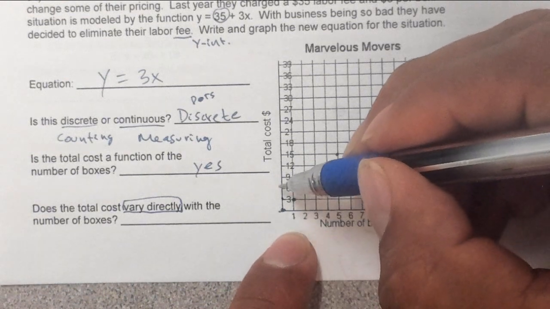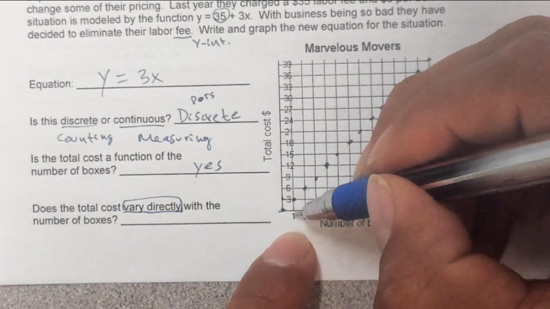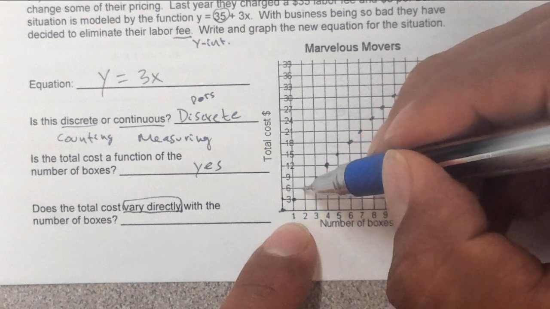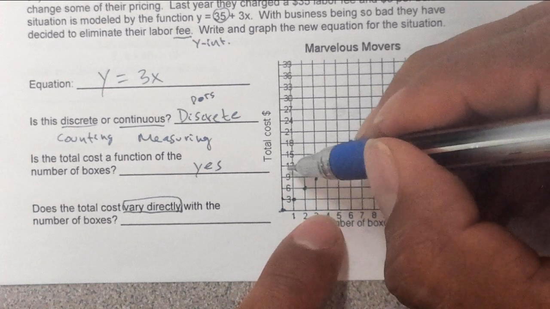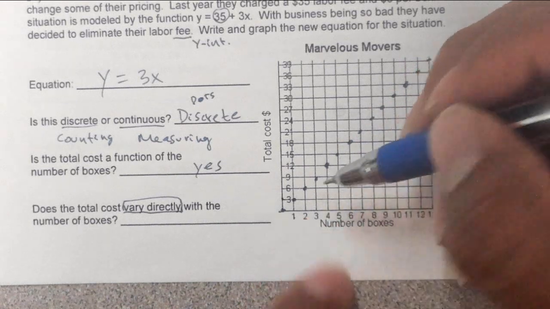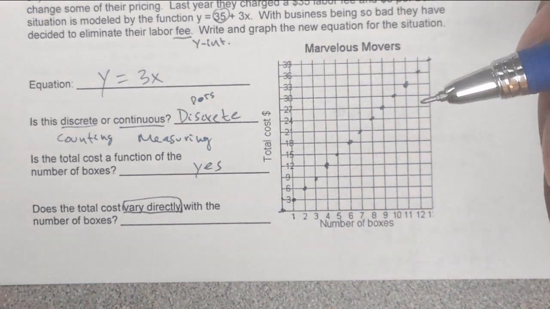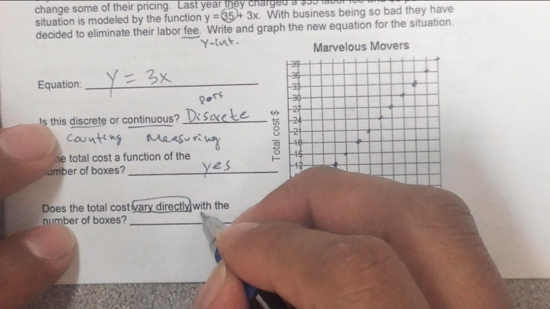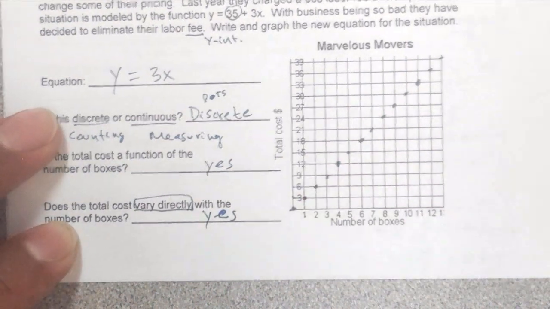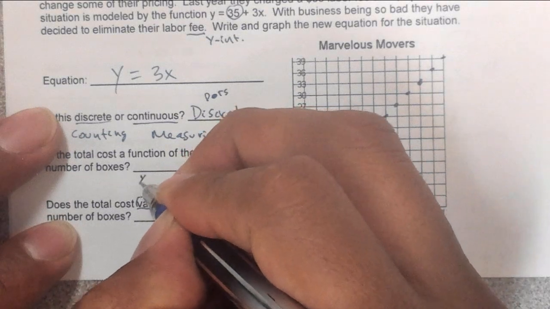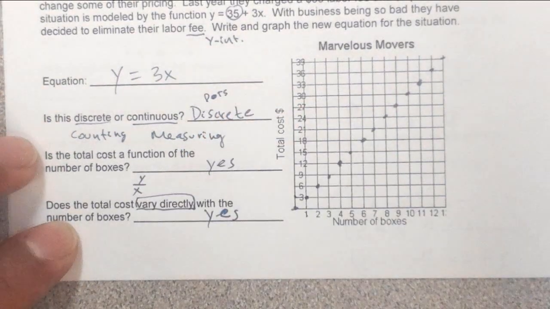So 3 divided by 1 is 3. 6 divided by 2 is also 3. 9 divided by 3 is also 3. 12 divided by 4 is also 3. So you get 3 all the time. So therefore this is a direct variation. Okay? So again, direct variation means y divided by x.